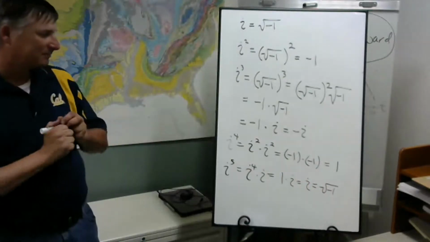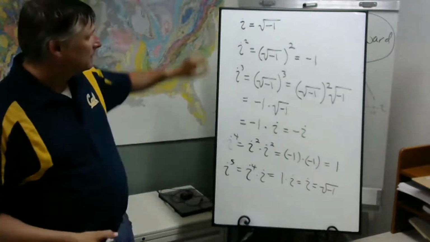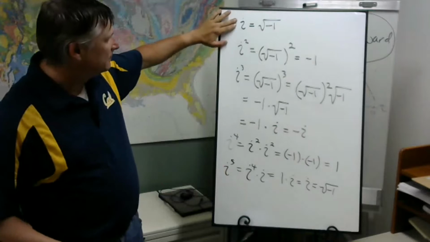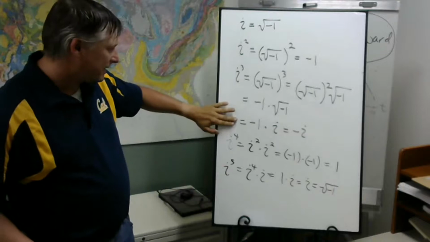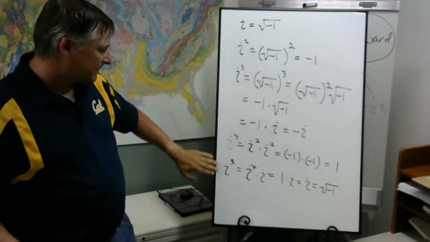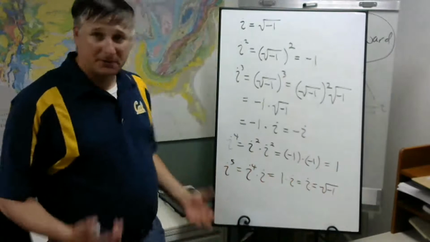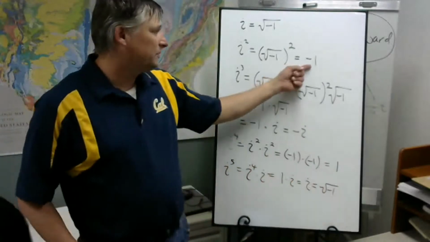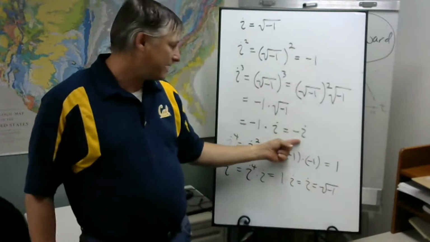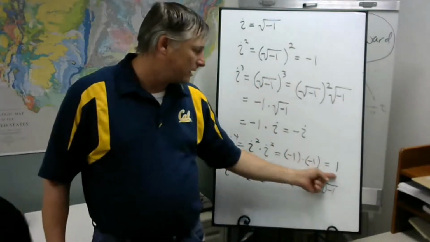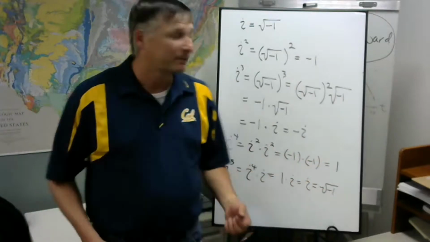So what's happening here? i, square root of -1; -1; negative i; 1; but then i to the 5th, we're back to the square root of -1. i to the 6th, if you calculate that, will give you -1. i to the 7th will give you negative i, i to the 8th will give you 1, and i to the 9th, if you work it out on paper, gives you the square root of -1 again.